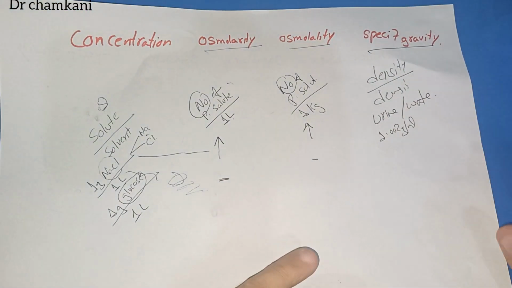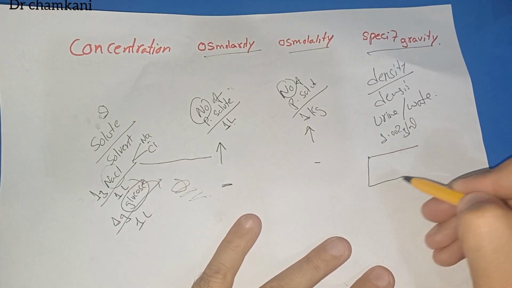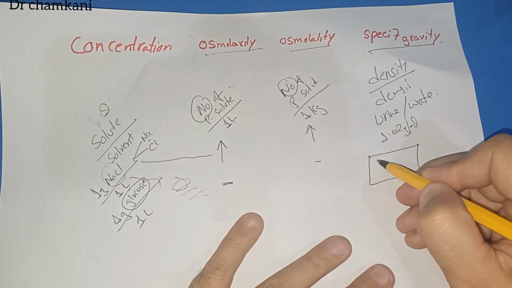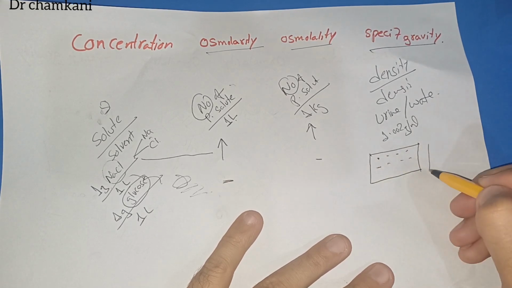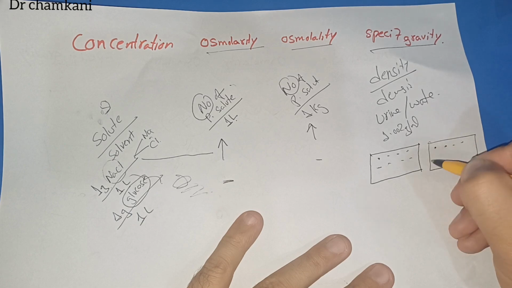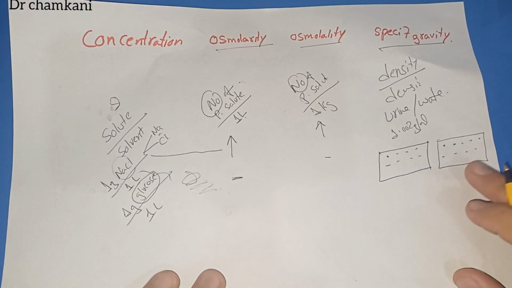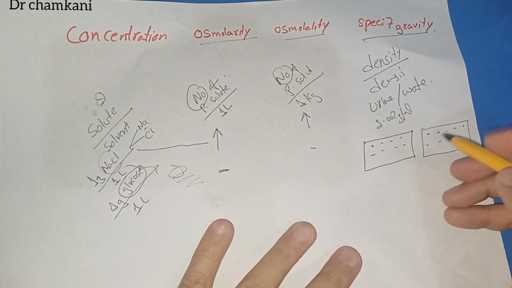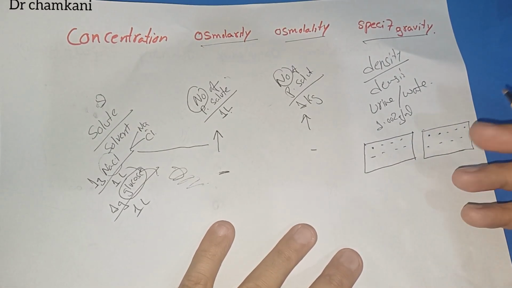But how do we measure specific gravity? So specific gravity is dependent upon both factors. It is dependent upon the number of solute particles as well as the weight of the particles, and the weight of these particles is determined by their volume and their mass.